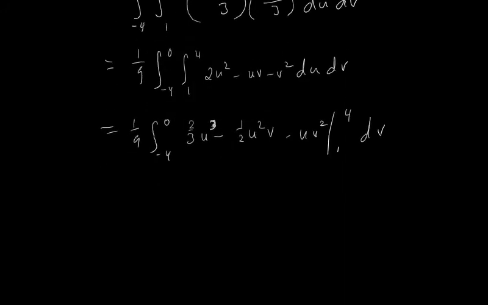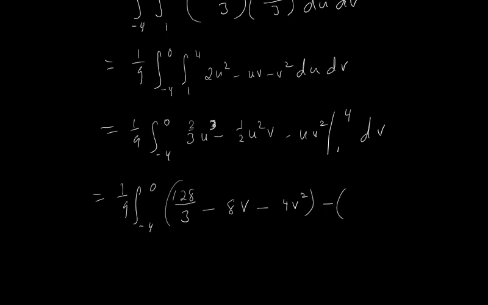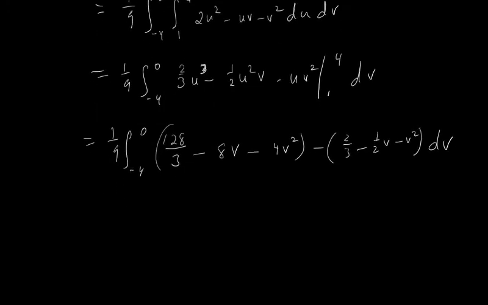And we'll integrate with respect to v. So this is 1/9. Plugging in a 4, I get 64 times 2, which is 128 over 3, minus 16 over 2 v, that's 8v, minus 4v squared. Minus, now put in the 1: 2/3 minus 1/2 v minus v squared, dv.